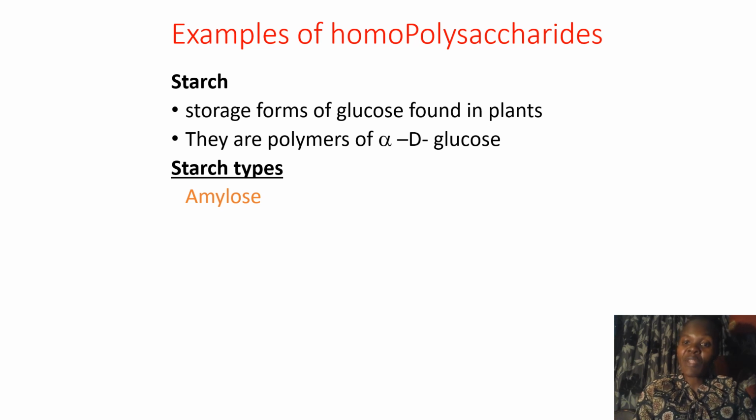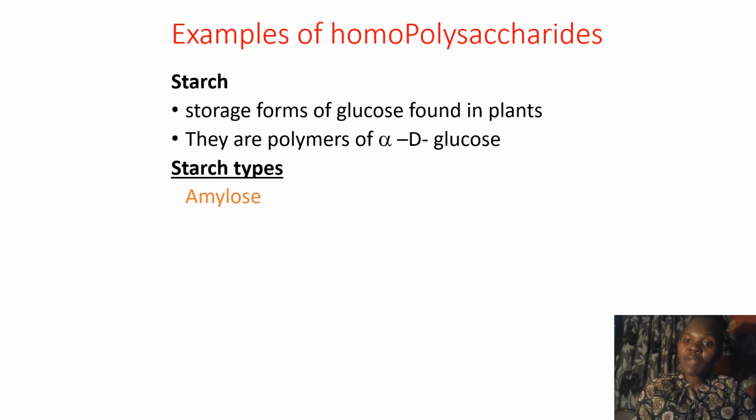If you look at its structure, it is a polymer of alpha D glucose units, a length of many of those monosaccharide components. It is a homopolysaccharide because the main monosaccharide component is alpha D glucose, arranged in either a linear or a branched chain. There are branches, or it's also linear.